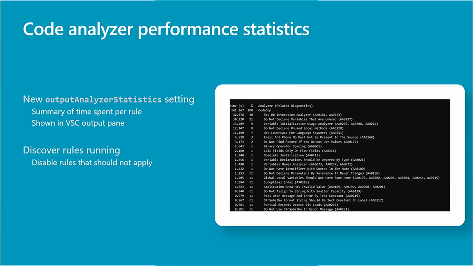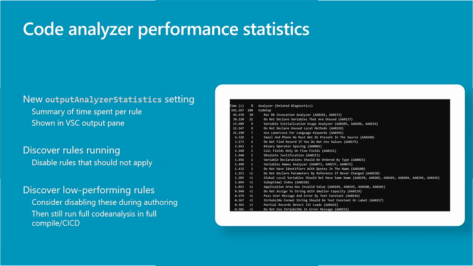It's quite useful because it allows you to discover which rules are running, and maybe you want to disable some of them because they are not very useful or relevant to your case, so you can run faster. You can also see which rules are low performing, so you can disable these rules during code authoring, and then get them later during the full build or through the CI/CD pipelines.